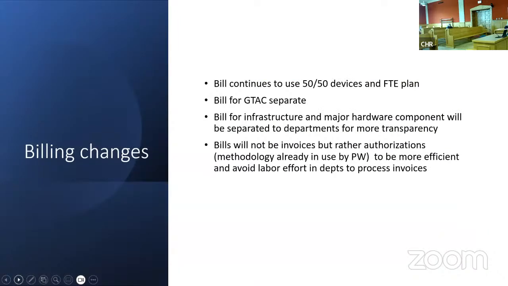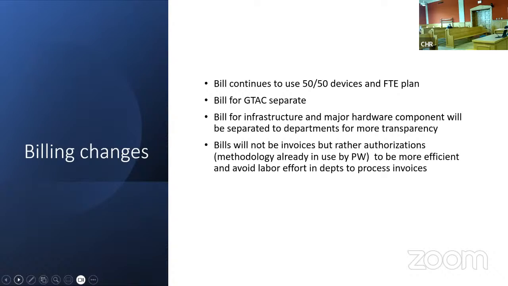And I'm recommending that we keep the bills at the 50/50 devices and FTE plan that we currently have, not to change that. And continue to bill separately for the GTAC because that benefits one specific department. The bill for the infrastructure and the major hardware would be separated on our actual bills.